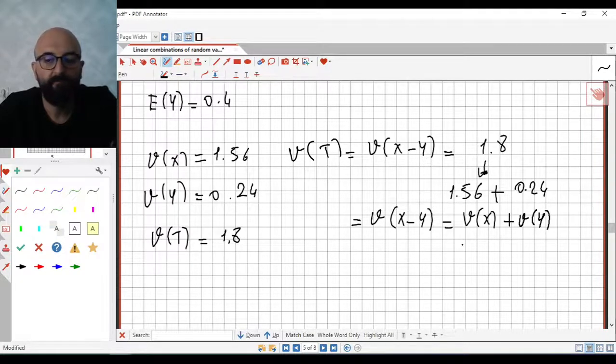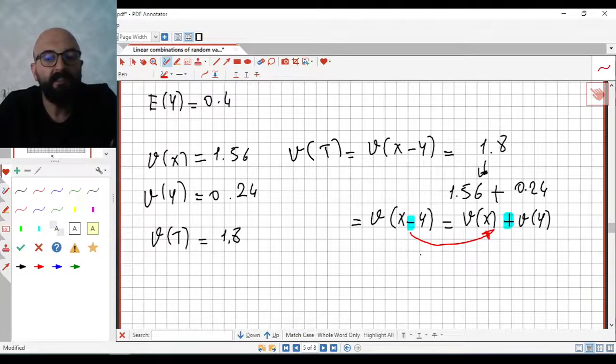So this situation shows us the variance of x minus y means the variance of x plus the variance of y. Okay, why does the variance of x minus y mean the variance of x plus the variance of y? Why change the sign?